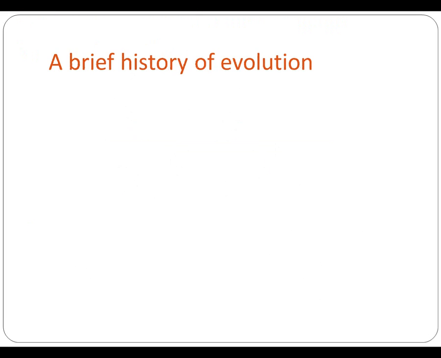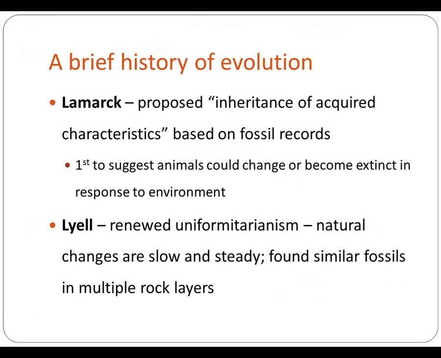What else? Don't write these down, okay? So in some other scenarios, Lamarck, I don't know how to pronounce his name, talked about how characteristics can be acquired over a period of time based on fossil records, and also the concept that if there's no adaptation, a species may become extinct.